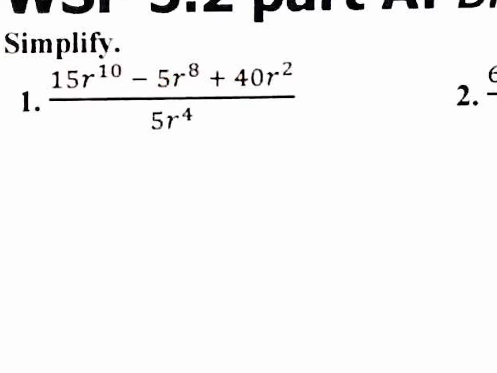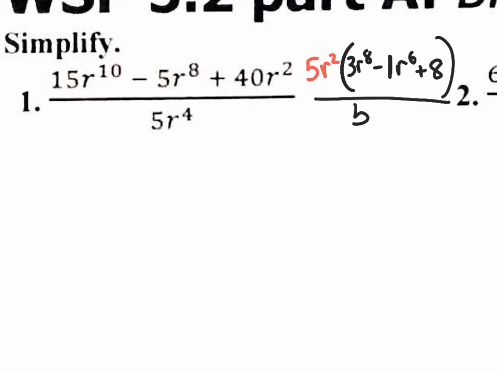So the GCF would be 5r squared, and on the inside of the parentheses what we would have left is 3r to the 8th minus 1r to the 6th, and then plus 8. That's it, no r's. That's what we have on top. And on the bottom we still have this divided by 5r to the 4th.